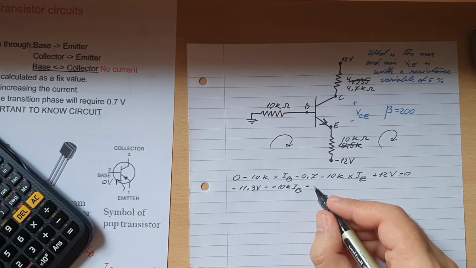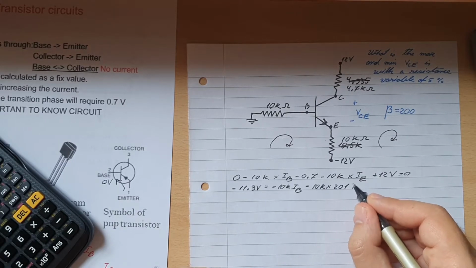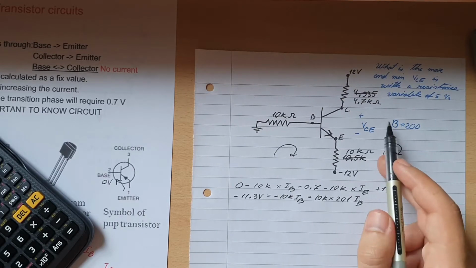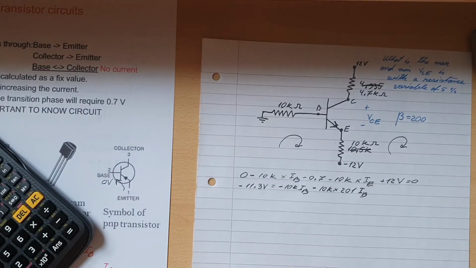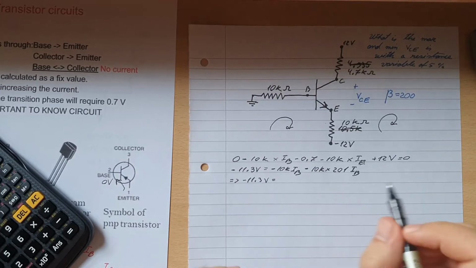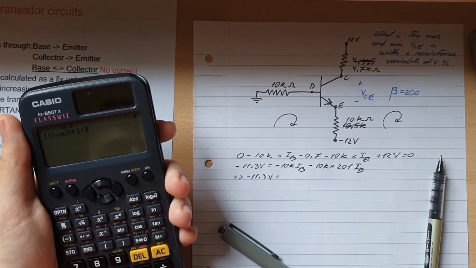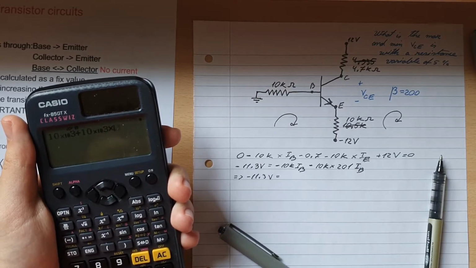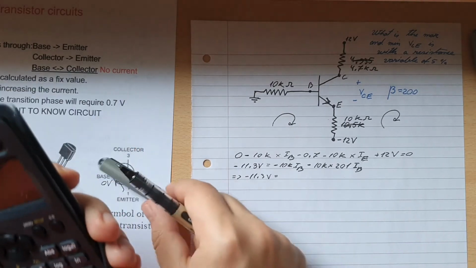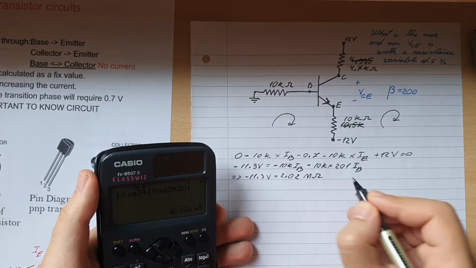minus 10k times 201 IB, because the gain here is 200, and IE is equal to the gain plus 1 times IB. Alright, therefore minus 11.3 volts will be equal to, so let's calculate here, 10 times 10 to the 3 times 201, 2.02 mega ohms.